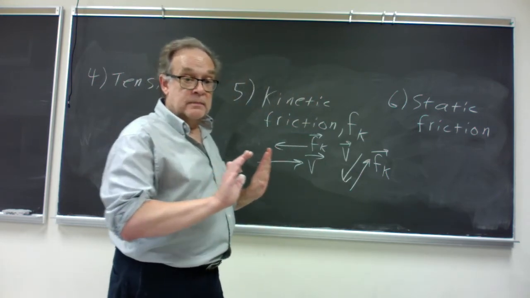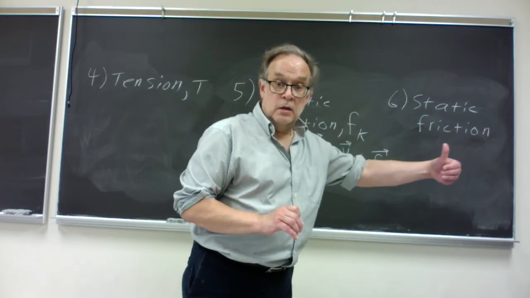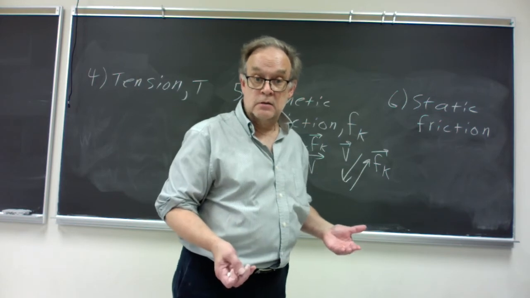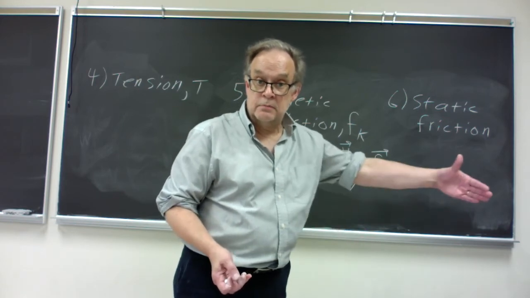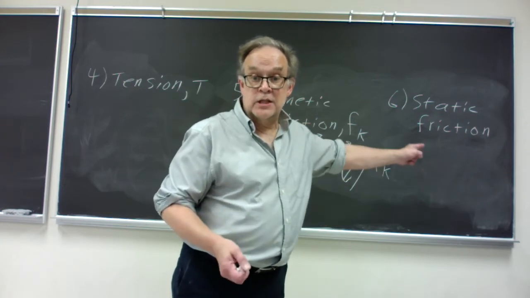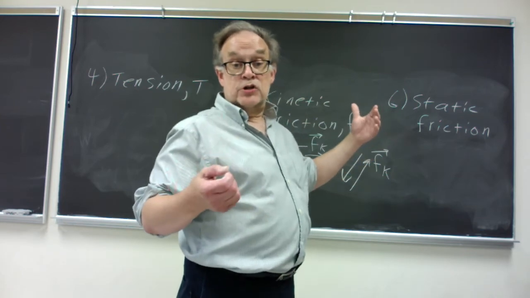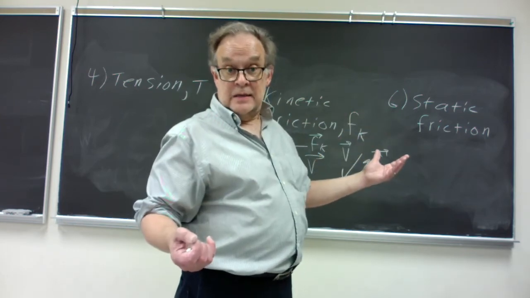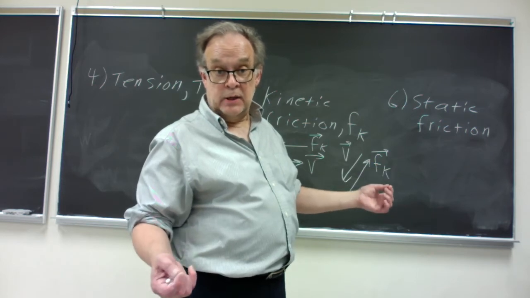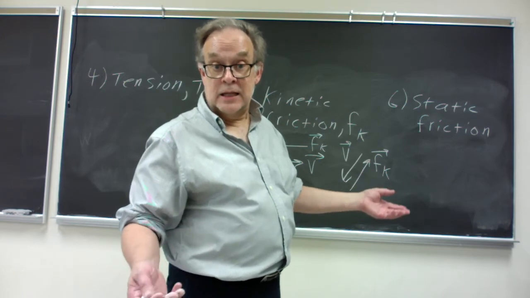So you're pushing this way, but that force is canceled out by a force in the opposite direction, which is preventing the crate from sliding forward. The force that prevents the crate from sliding is static friction. Static friction keeps something stuck in place, static, and keeps it from sliding.